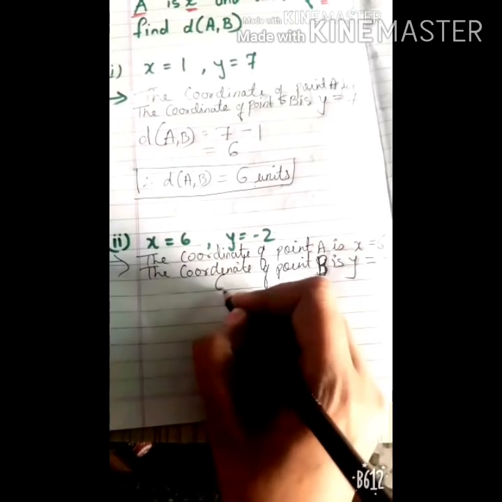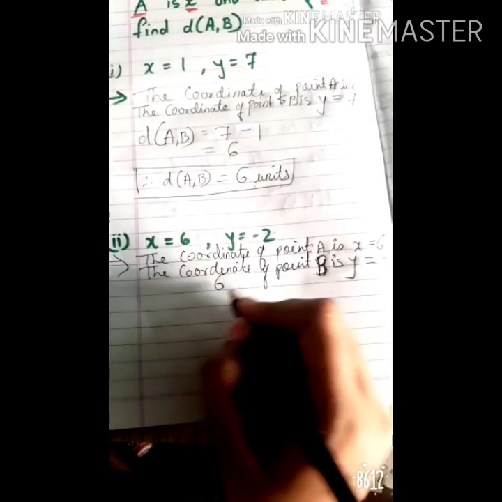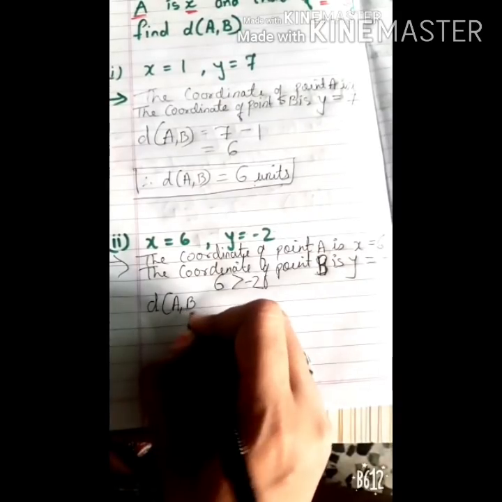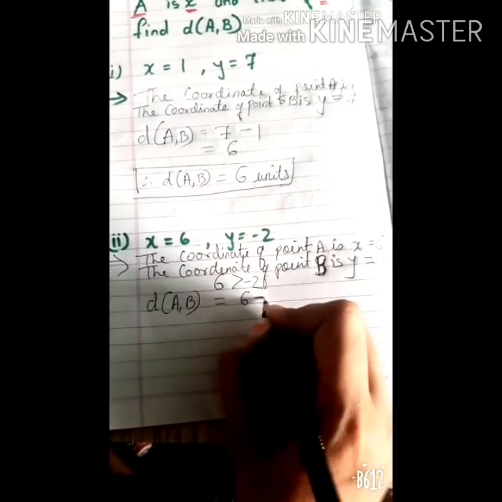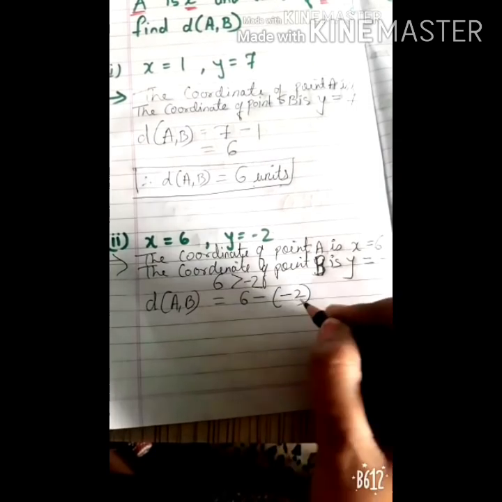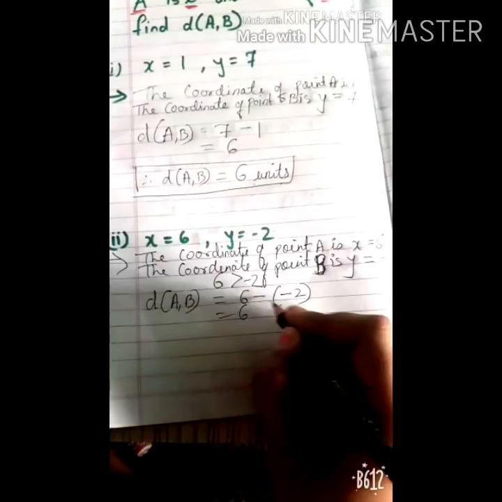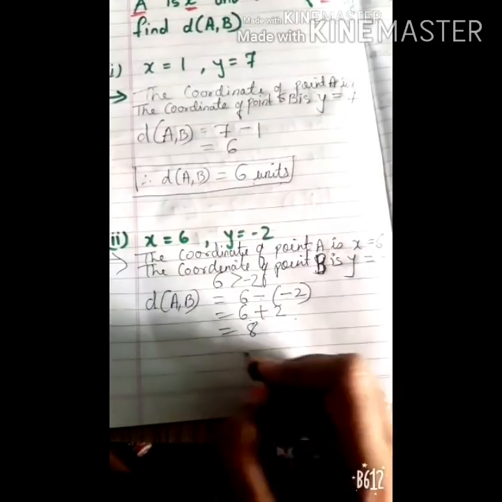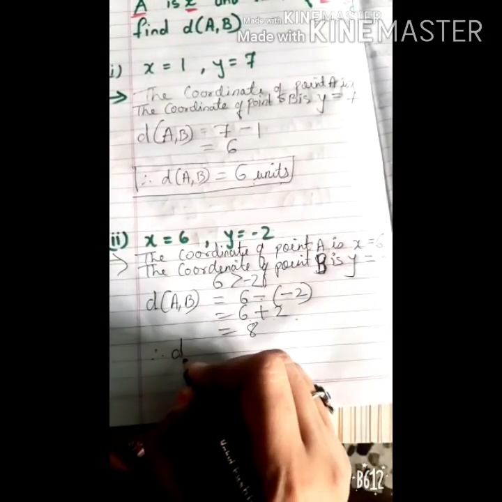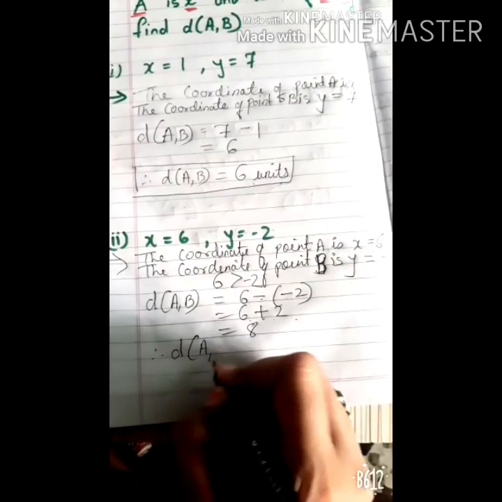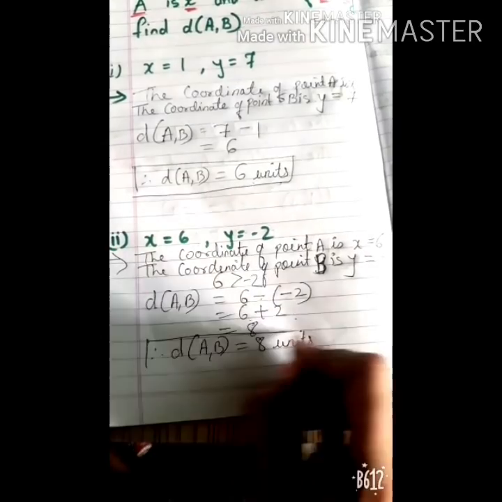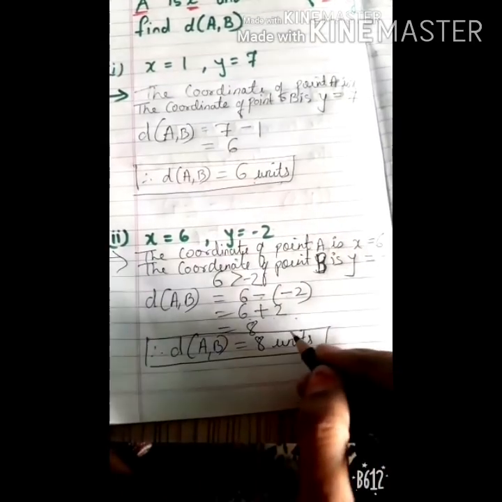As we know, the bigger number is always the positive number. 6 is greater than minus 2. To find the distance between the points A and B: 6 minus the bracket minus 2. Always write the bigger number first. So 6 minus minus 2 is 6 plus 2, which is 8. Therefore, the distance between the points A and B is equal to 8 units. It is the same as question number 1.